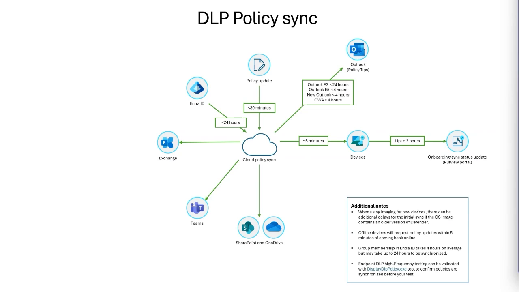We have features that are in the public roadmap about waiting on send that will further enhance that experience. But think of that first part of the flow and exception as policy tips. The second part will be from the system. So should an email go out, if there's no policy tips, then it's part of the transport rules. And then for each workload, there are some nuances.